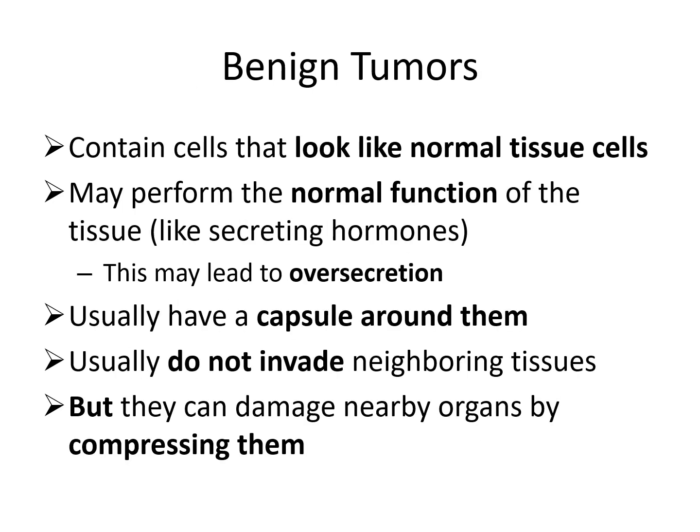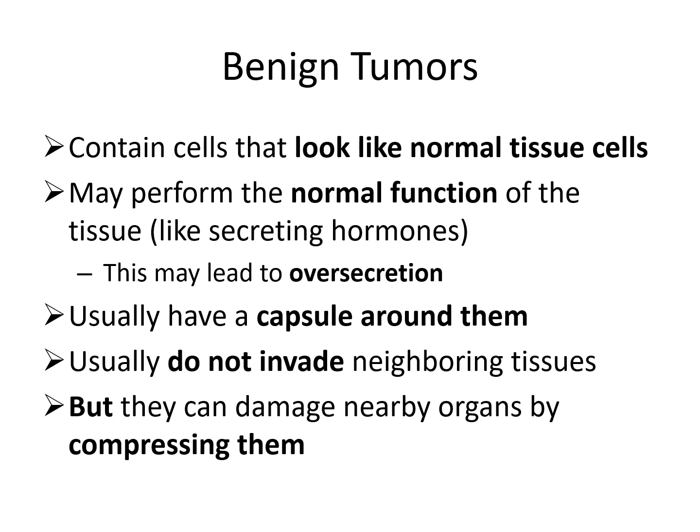Let's start by looking at the benign tumors, the non-cancerous tumors. So what do they look like? How do they behave? First of all, they contain cells that look like normal tissue. So if you were to take a slice of it, it would look like you would expect. For example, if it was a benign liver tumor, you'd slice into it and it looks like liver, or a cell at least that is similar to that.